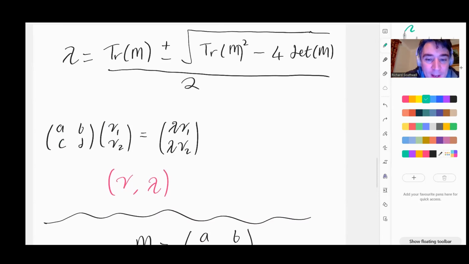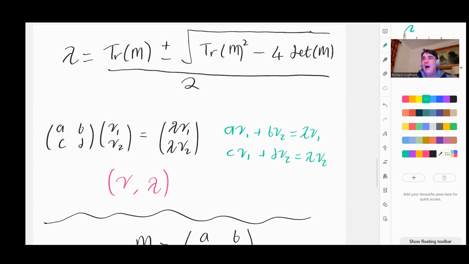So really what we have here is two equations. We have A v1 plus B v2 equals lambda v1, and we have C v1 plus D v2 equals lambda v2. So this is a system of equations and we can solve it. We're only going to get what the eigenvector is up to a scalar.